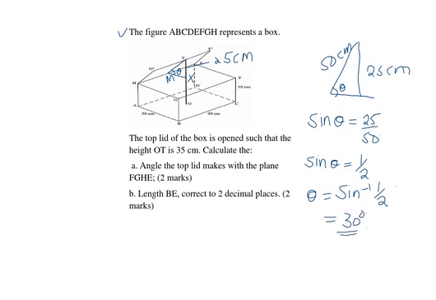Part B, we are told to find the length BE correct to 2 decimal places. Therefore, we have to use the plane ABCD to find the length of BD, which is the diagonal of the plane. So we have the rectangle ABCD.